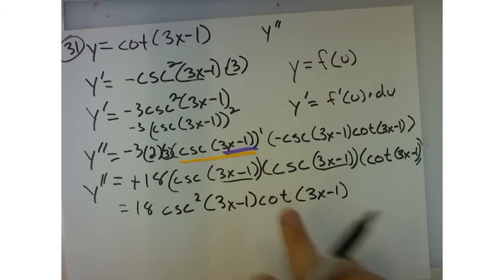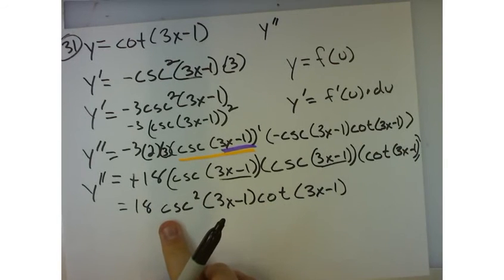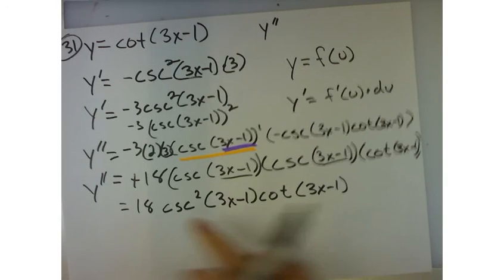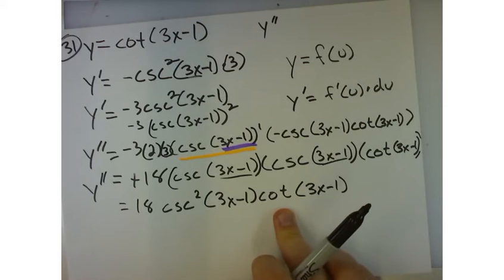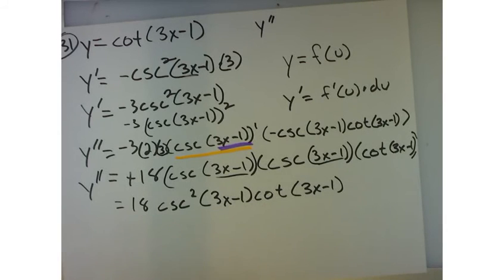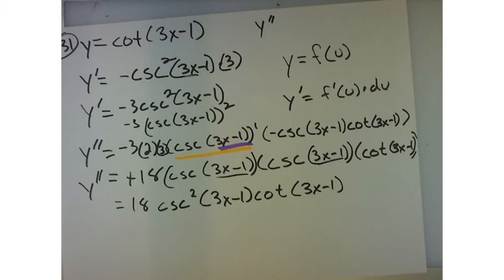Now, you know, cosecant squared is really 1 over sine squared, and cotangent is cosine over sine. I could even, if I wanted to, make it something like cosine over sine cubed of all the stuff.